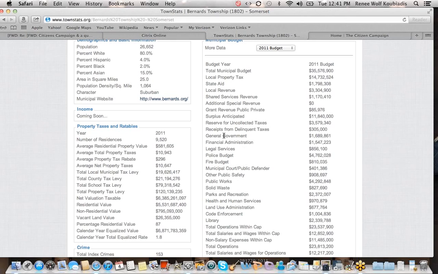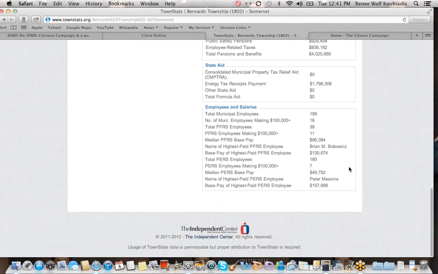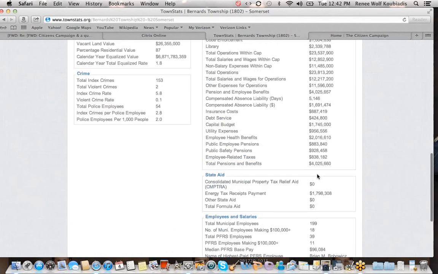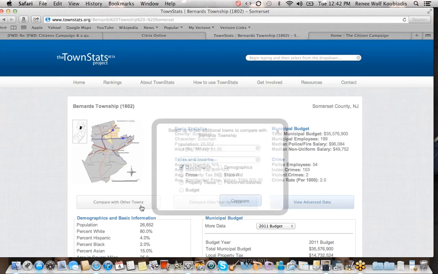We can look at the actual costs of various services, from the library to public works to police, and there's also crime data and salary data, so you can see how many police and fire employees there are, how many non-uniformed, and what the average salaries are. But the main point on Town Stats is that it enables you to compare with other towns.